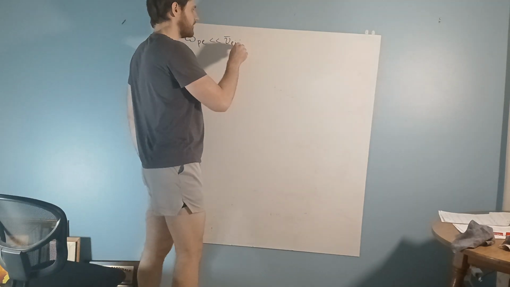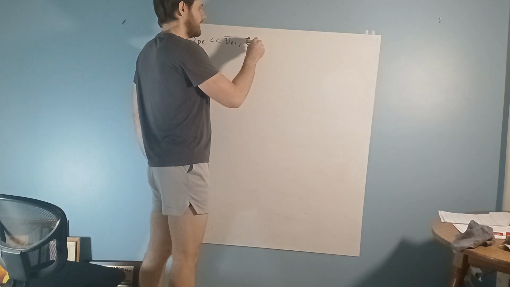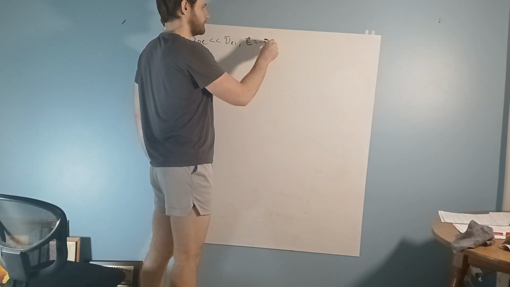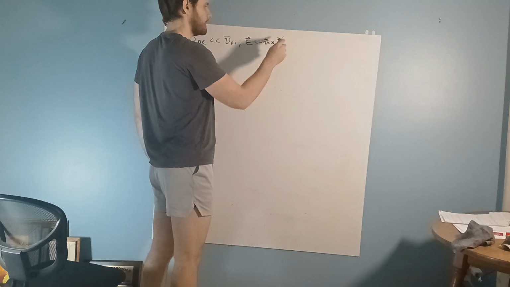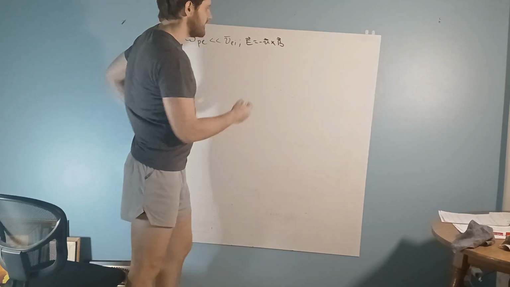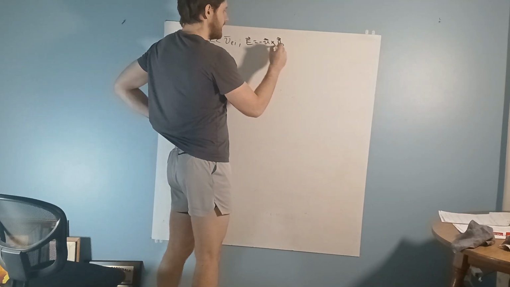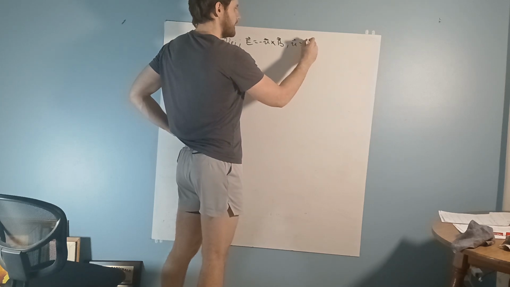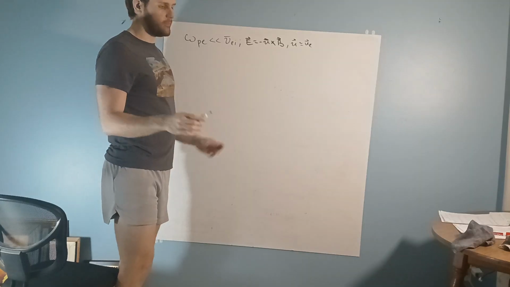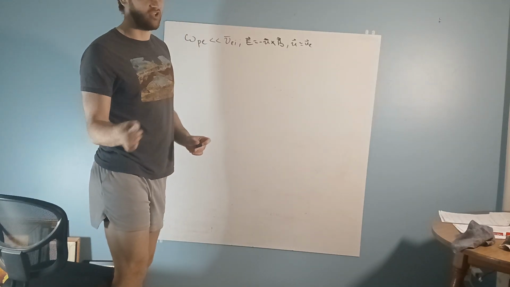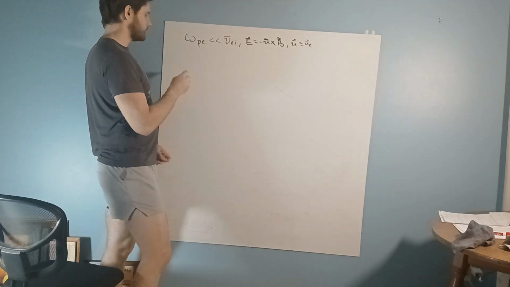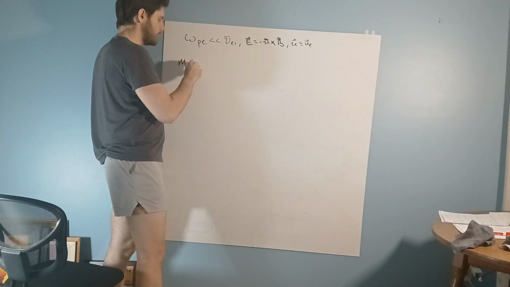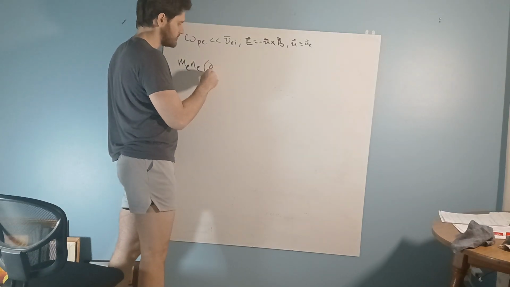What the ideal Ohm's law is, again, is the electric field. Actually, I haven't said this before, but the electric field is minus U cross B. And again, we have here that U is close to UE, and that's because of relativistic electrons and stationary ions. All right, so let's write it down. Here is the electron momentum equation.